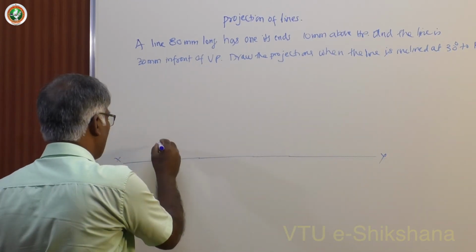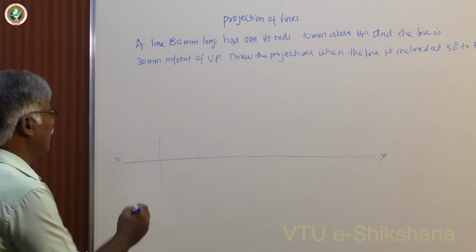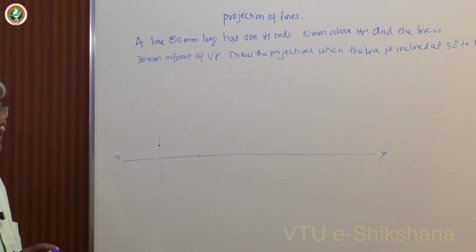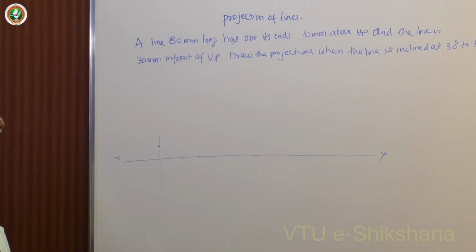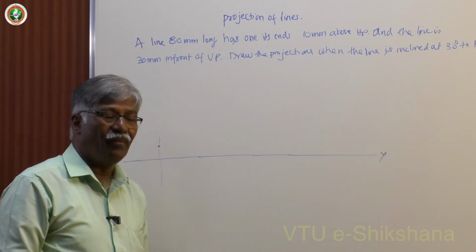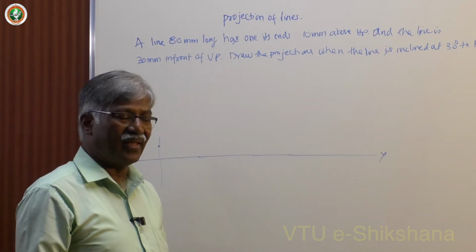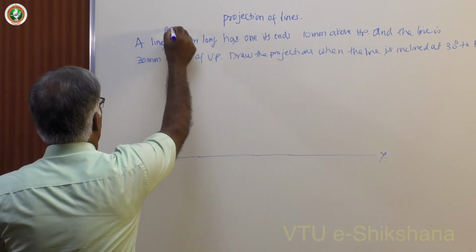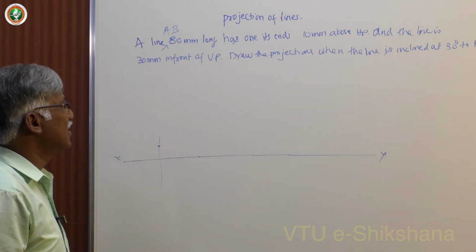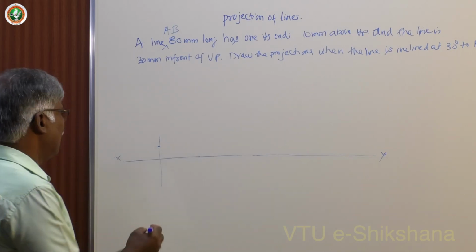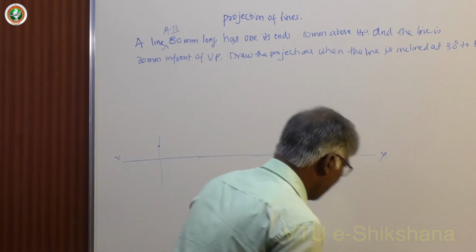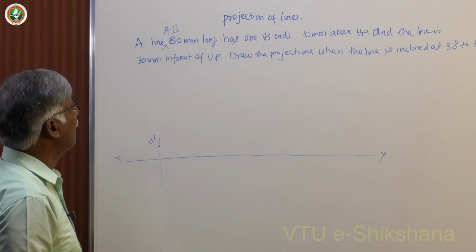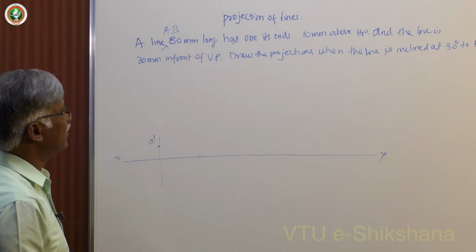Now, let me fix one line, 10 mm above HP. Since the name of the line is not specified, purposefully I have done this. Generally you get AB, PQ, MN like that. Now let me add line AB, 80 mm long, with its end 10 mm above HP. A dash is one end of the line, 10 mm above HP.